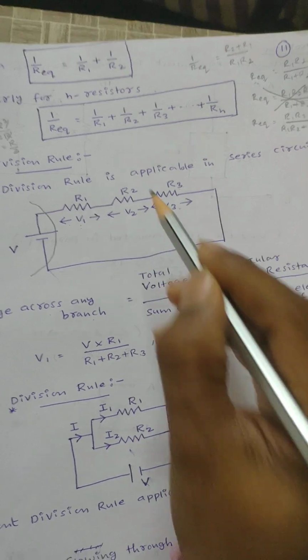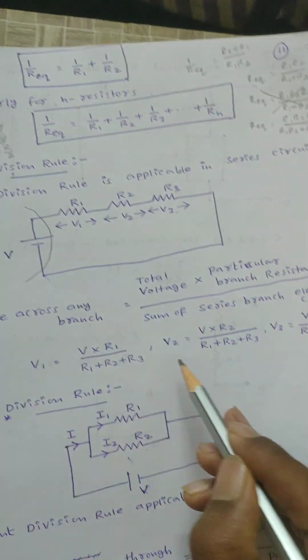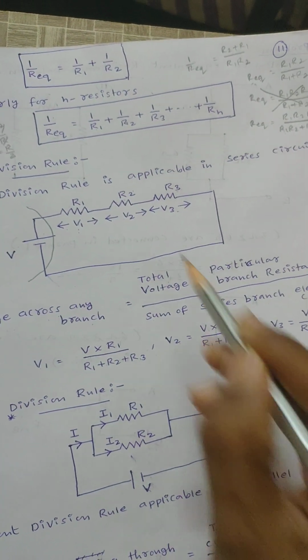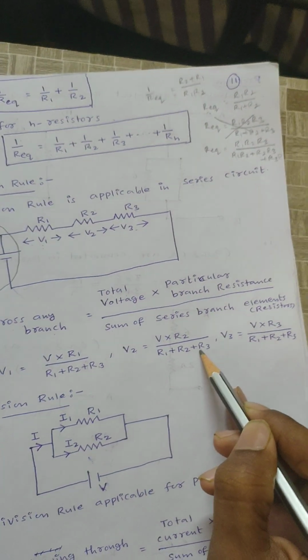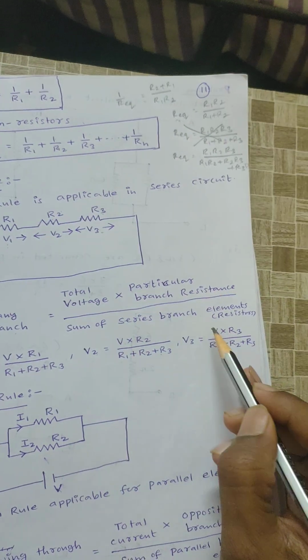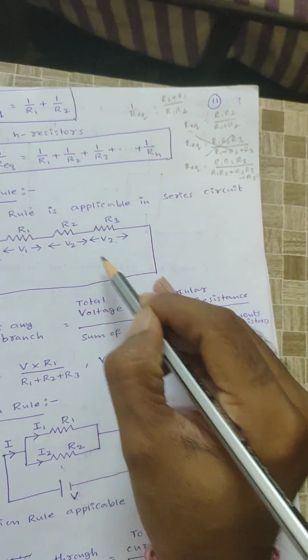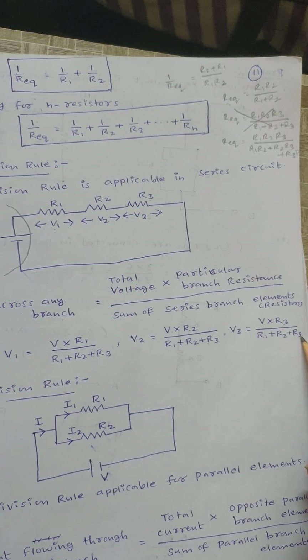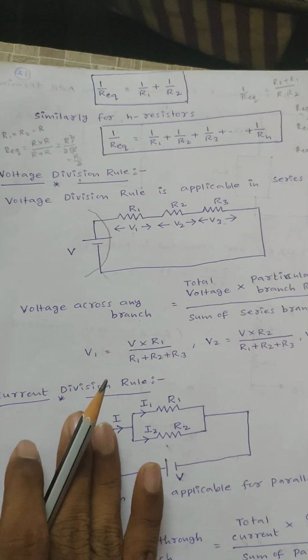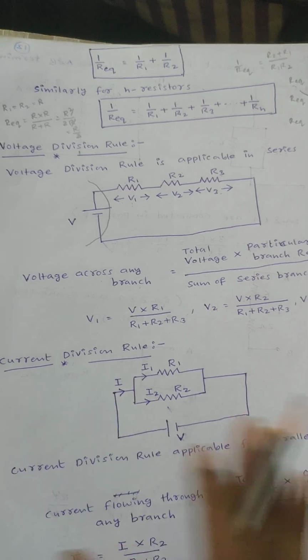Similarly, the voltage across the second branch, V2, is equal to the total voltage into that particular branch resistance divided by the sum of series branch elements. Similarly V3. In this way we can calculate the voltage across any branch by using the voltage division rule.